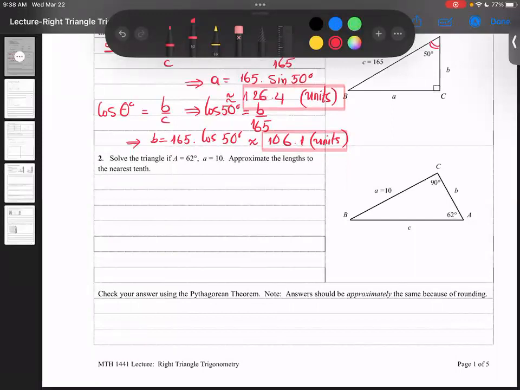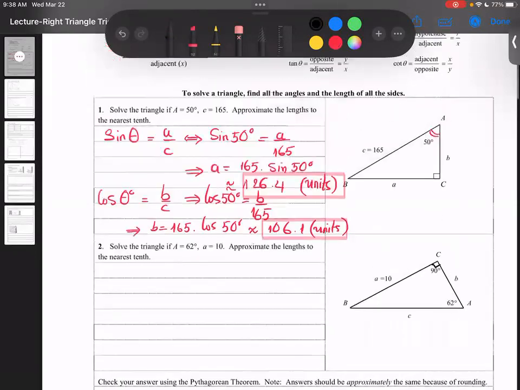Let's do number 2. Is it your try or no? No, it's not your try. It is a 90 degree angle. Oh, by the way, let's calculate B here. What does B equal? The angle B. Yeah, 90 minus 50 is 40, right? Everybody see that?